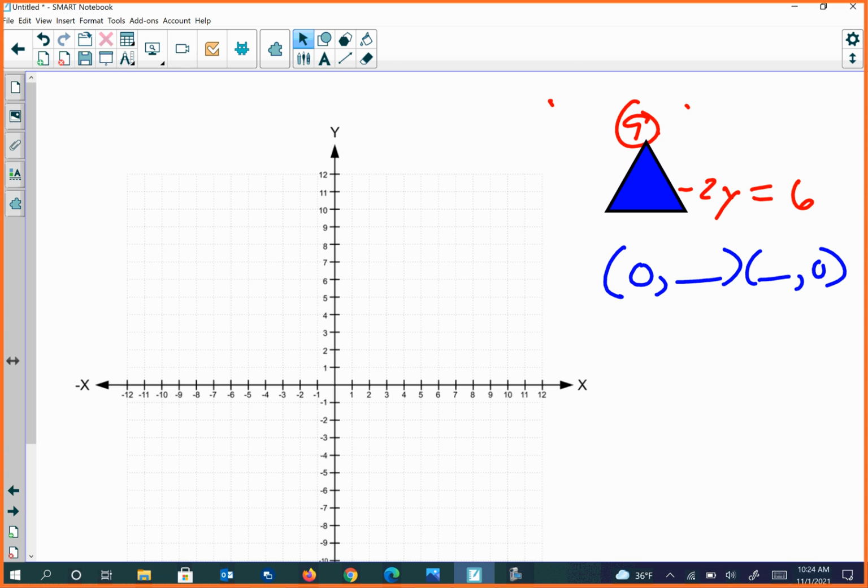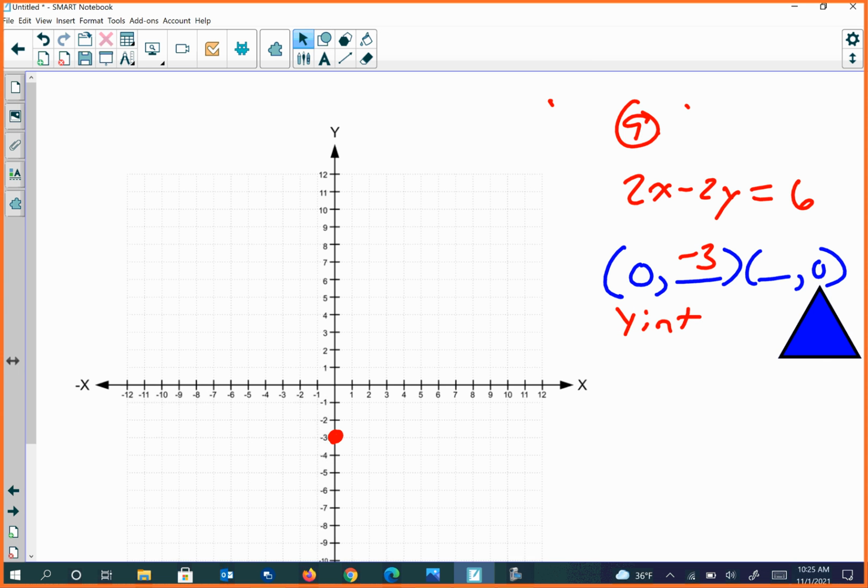X covered up. -2 times what number gives me -6? Or +3. Yeah, so -3. So -2 times -3 is +6. So 0, -3 is down here. That happens to be a y-intercept then, because it crosses the y-axis right there.